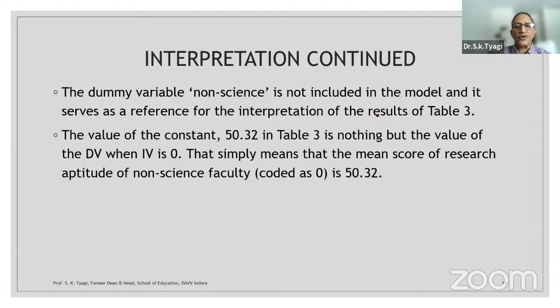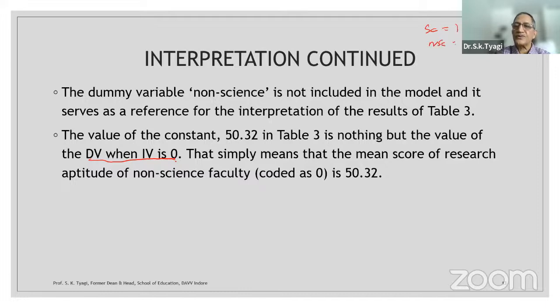Now the value of the constant is 50.32 in table 3, and this is nothing but the value of the dependent variable when the independent variable is 0. That simply means that the mean score of research aptitude of non-science faculty, which is coded as 0, is 50.32, because we have coded science as 1 and non-science as 0.